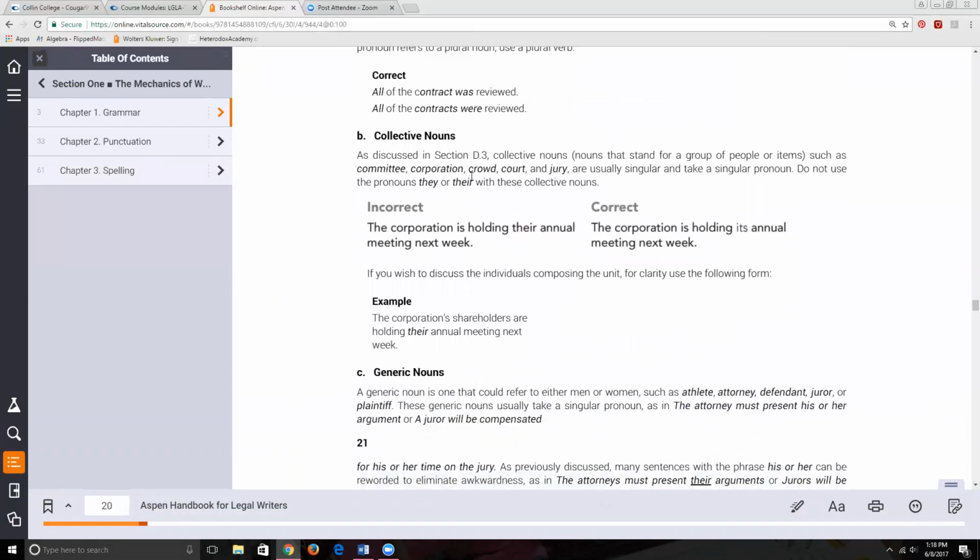We've already defined what a collective noun is. We've already talked about the issue of the verb. Let me go ahead and get the ability to annotate here.